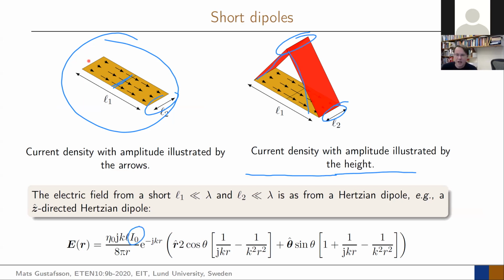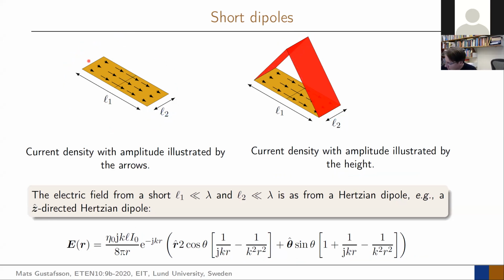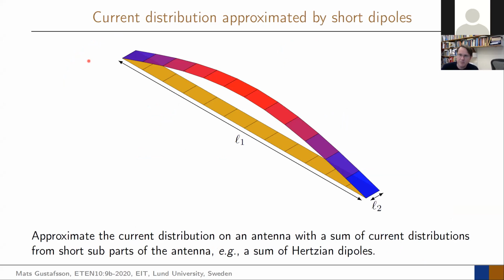So for example, amplitude I0 can be a complex number. The electric field everywhere can be written like this. And then we can sum up the contributions from all of those Hertzian dipoles and say that the sum of these has to be 0 at the metal, especially the tangential component. And that gives a linear system, a matrix that we can solve. And that is what's done inside of the computer in a slightly more refined way.